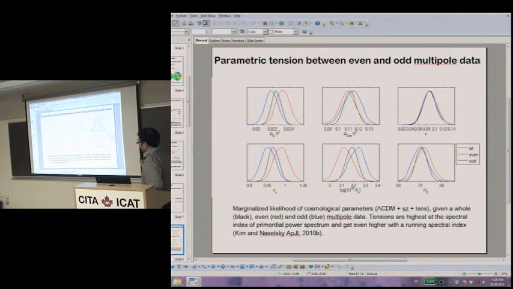And you can see there's a parametric tension, and this overall tension is more than 2 sigma. We also noticed the tension in the spectral index is high. So we also considered the running spectral index and found the tension getting even higher. So it's like they are trying to run away from each other.